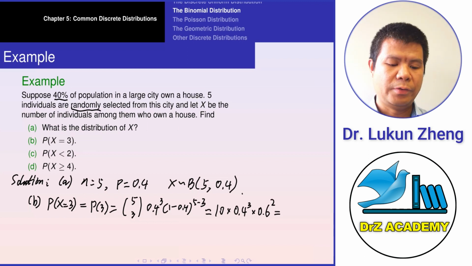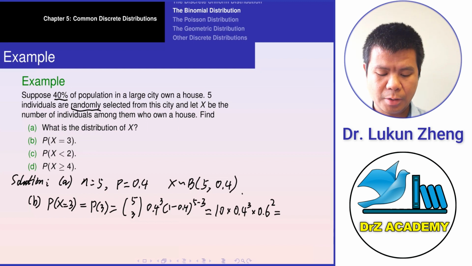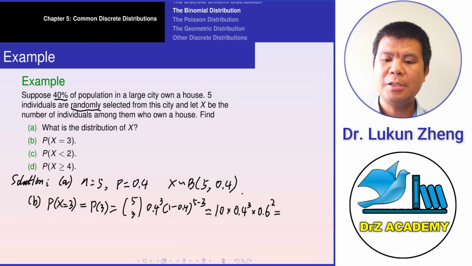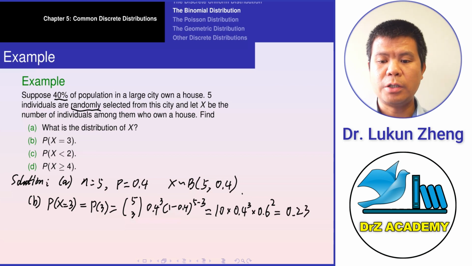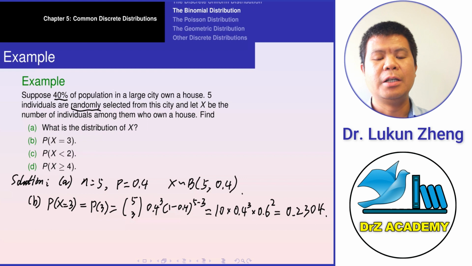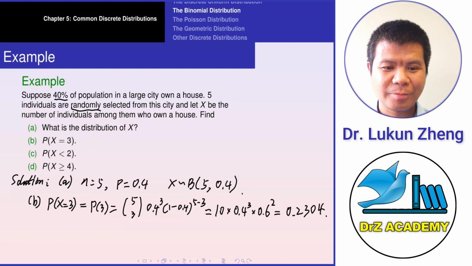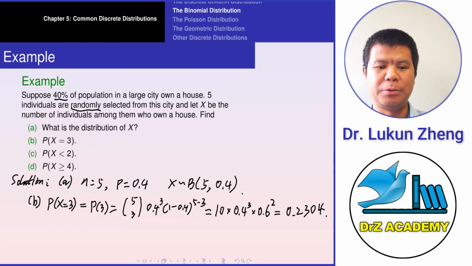So I got 0.2304. Okay, so that's question B, the probability for X equal to 3.